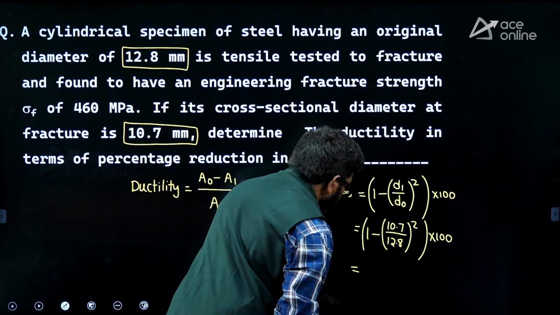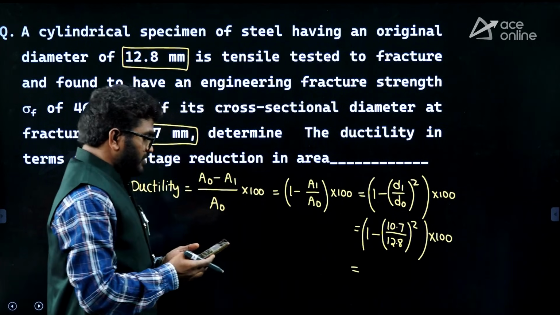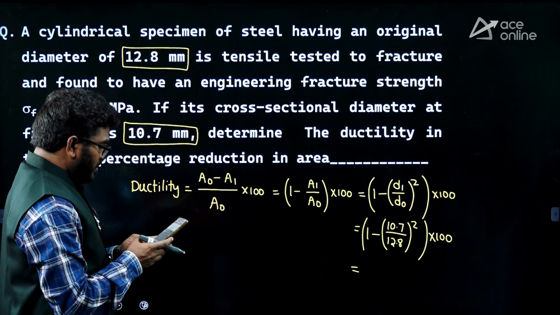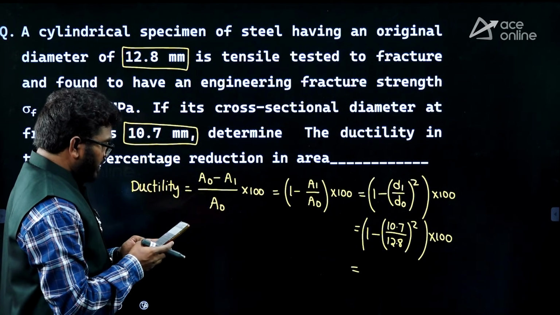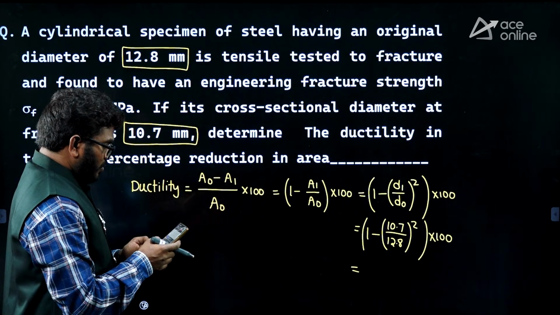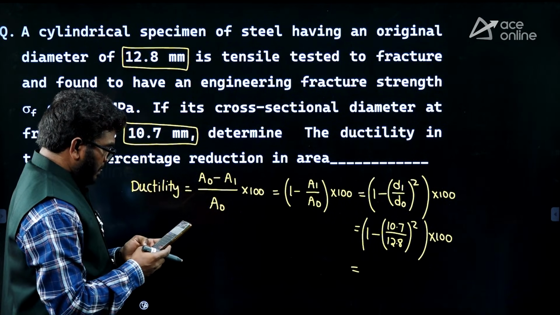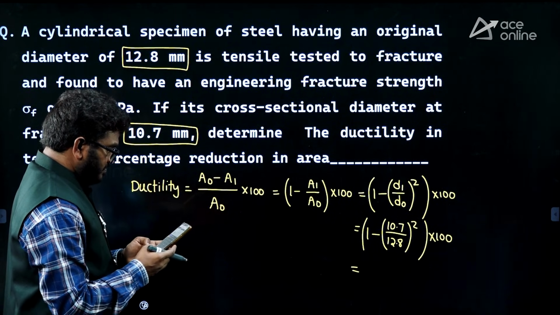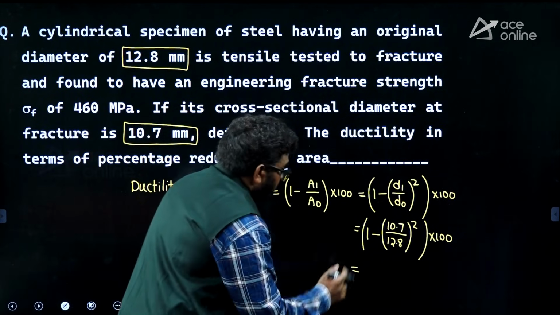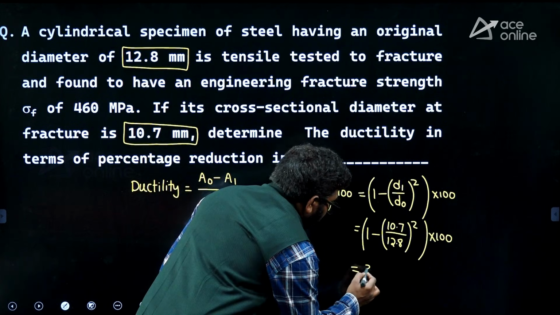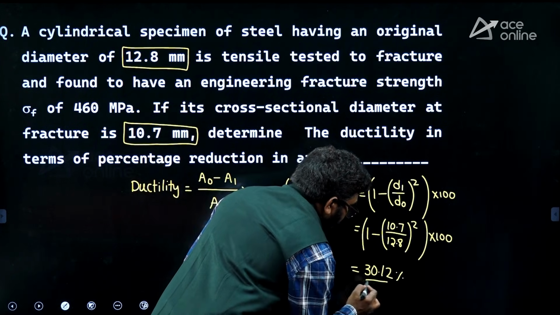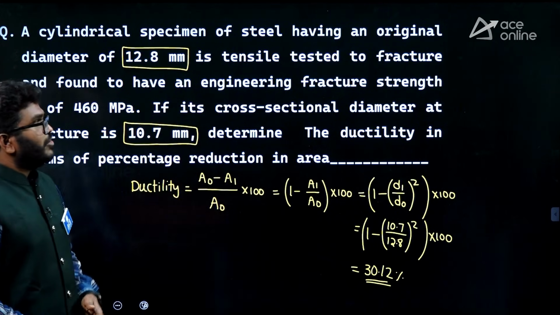Now, what is the answer you can take here? 10.7 divided by 12.8 whole square. 1 minus answer. So, you will get here by multiplying with 100, 30.12 percentage. Okay, 30.12 percentage.